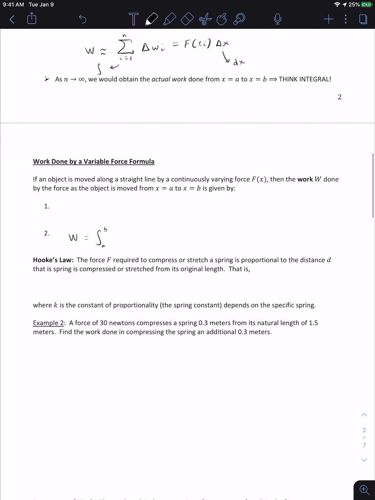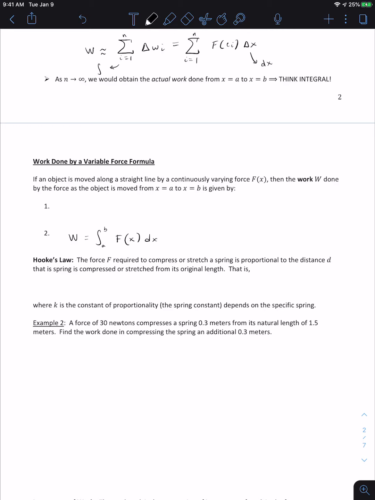And now, if we look here, I need to put a summation sign before this, because I'm adding up all of these works. So the summation sign goes to be the integral, so that's where I get the integral from a to b. And now my force function is just f of x for force, and then my delta x becomes the dx. So that was the one you were expecting.